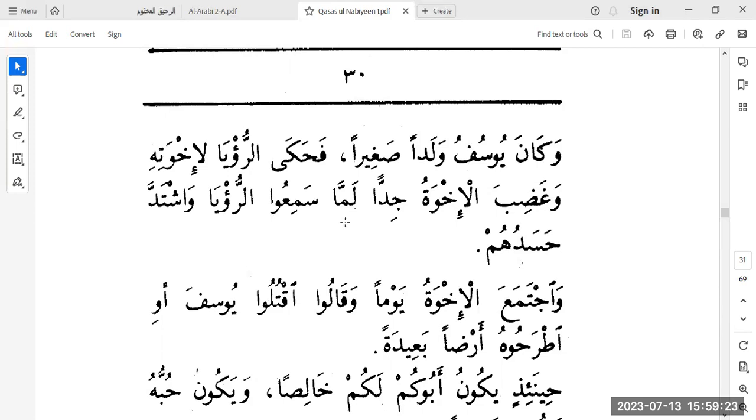Lamma sami'u ar-ru'ya washtadda hasaduhum. So we know that lamma has two usages. If lamma is followed by a fi'l madi, a past tense, then lamma means when, and there will be another verb coming. So there'll be two verbs.